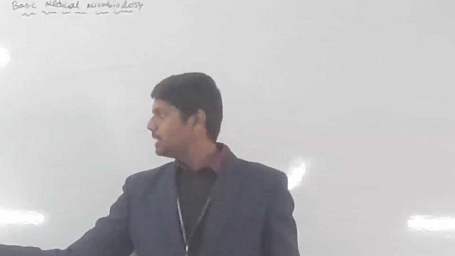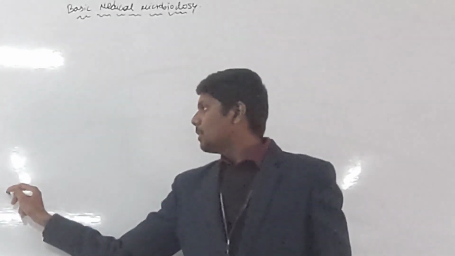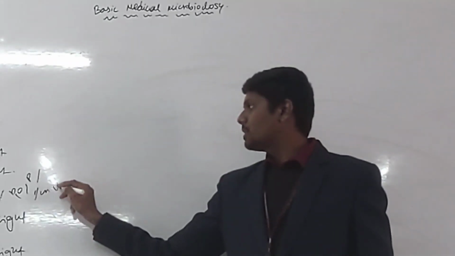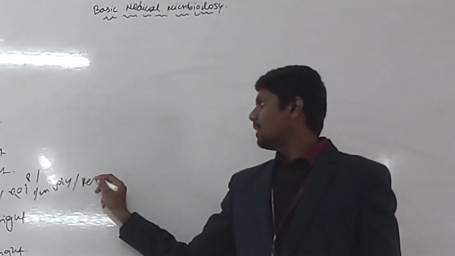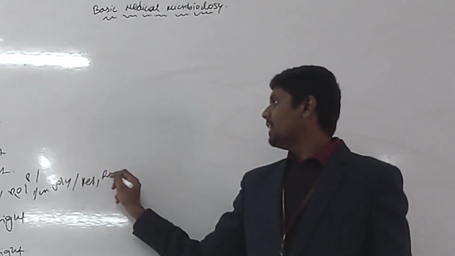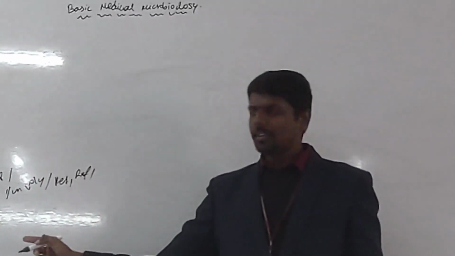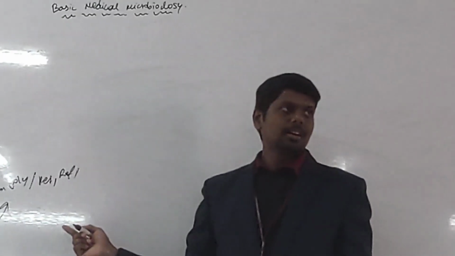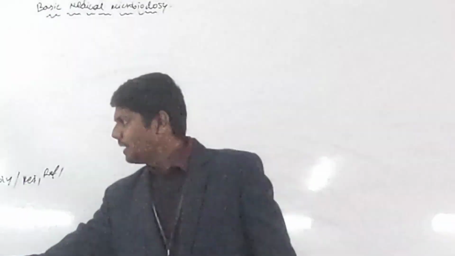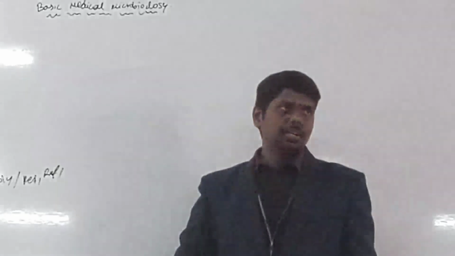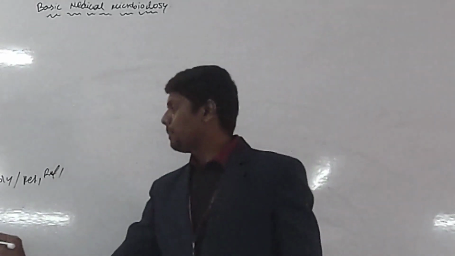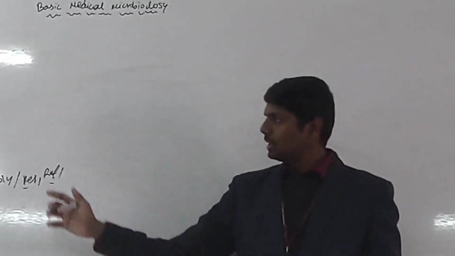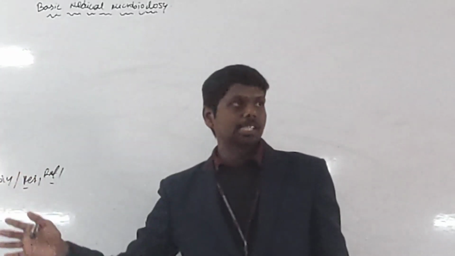The types of light means plane polarized light, unpolarized light, refracted light, reflected light, all the properties. Is it refracted? These properties and measuring of light: what type of light we are measuring? Based on this, the microscopes are classified.